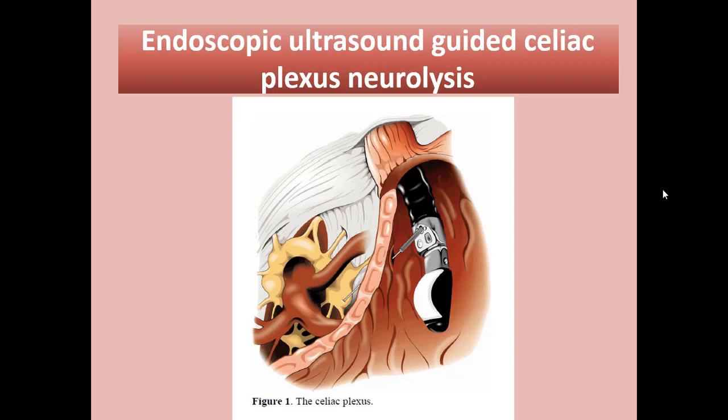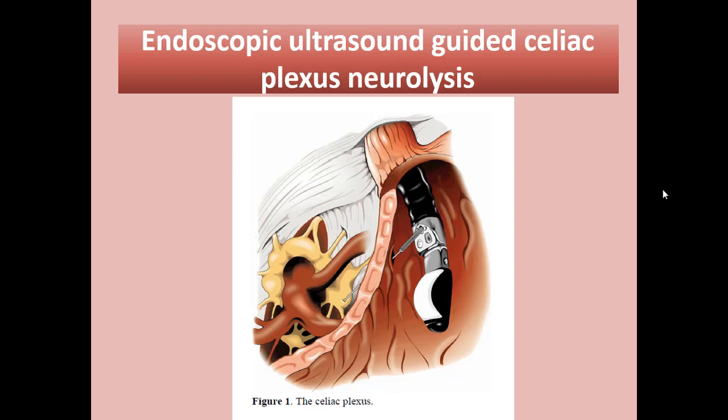Neurolysis means we are using phenol or alcohol in the nerve plexus so that there is destruction of the nerve plexus. There are various ways we can do this: it can be done under ultrasound guidance, as you can see here, which is the endoscopic ultrasound, and even under CT guidance or fluoroscopic guidance.